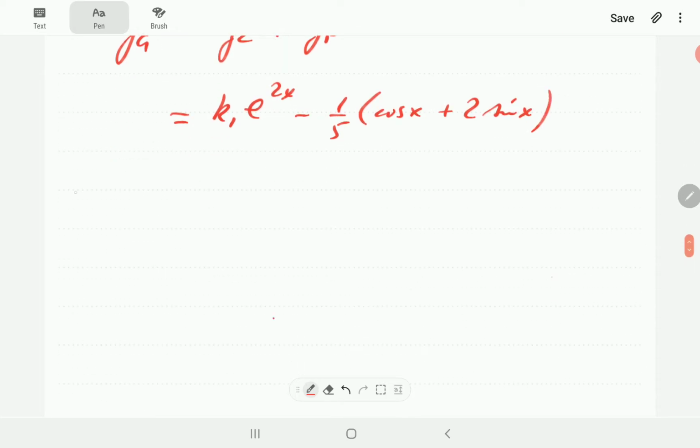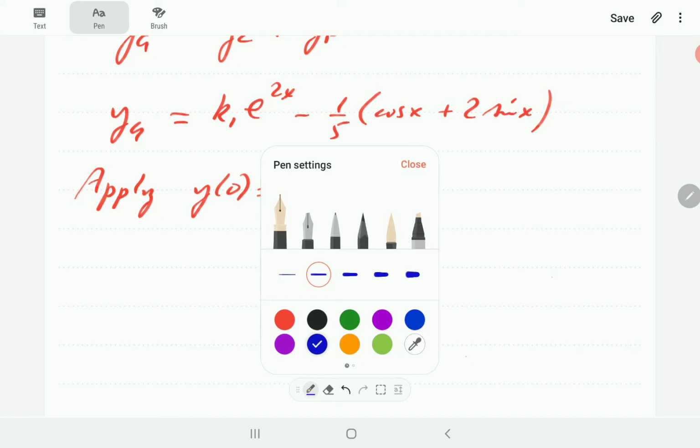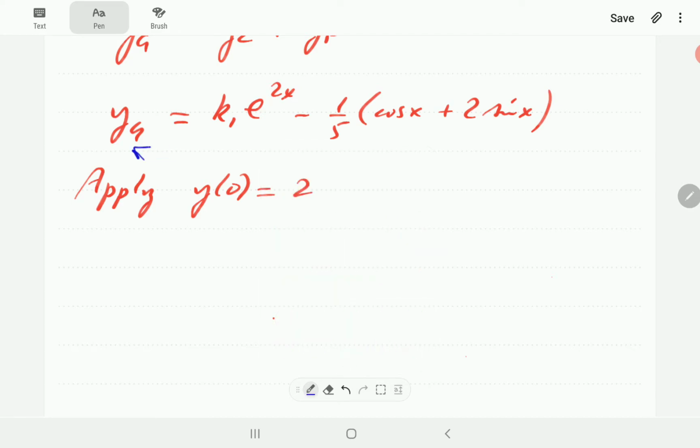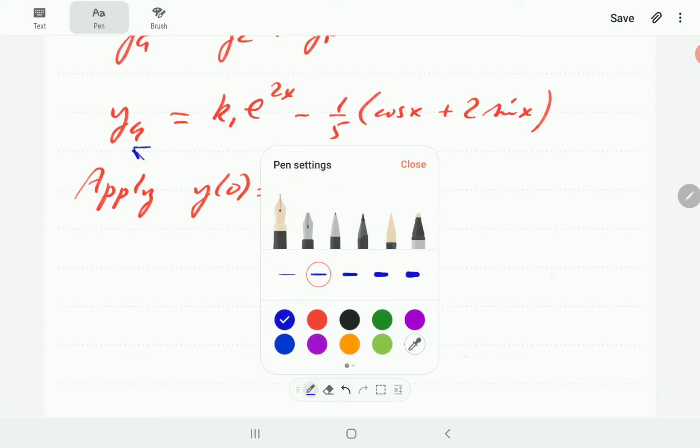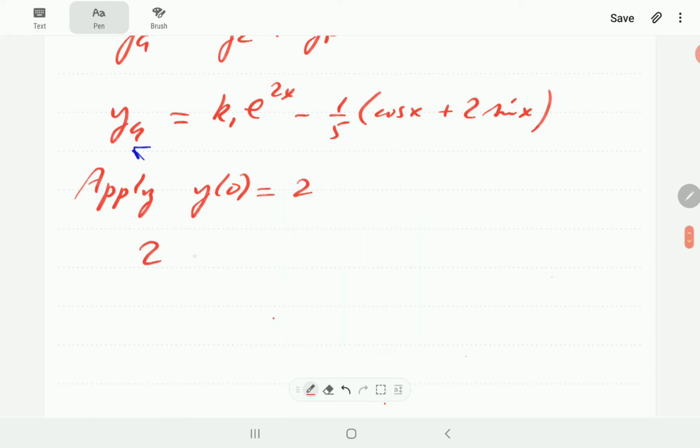Then at this point we're going to apply the initial condition. Given that when x is 0, y equals 2, we plug in y equals 2 on this side, and on the right hand side we plug in x equals 0. So we have 2 is equal to k1 minus 1 over 5, because sine 0 is 0.